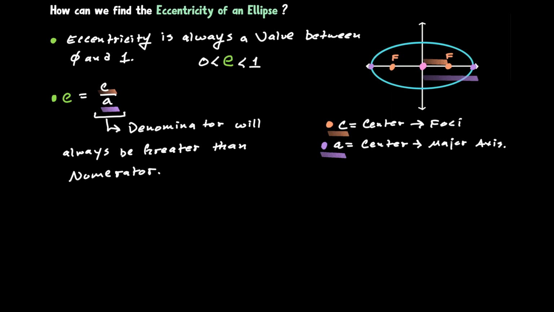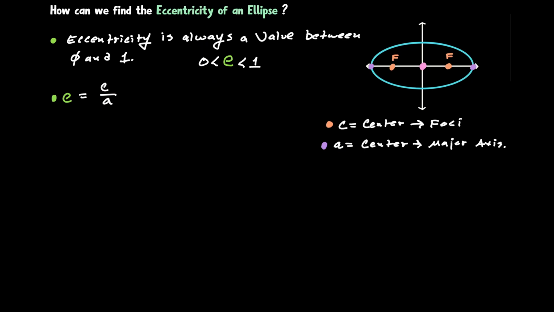And when we always have this case, we are always going to be bounded between 0 and 1 as a value. But now that we understand why we are always bounded between 0 and 1, now let's see what happens as our eccentricity gets closer to 1.